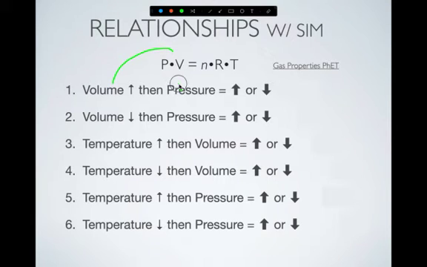And here's pressure. So those are the two that I'm talking about. The things that have to stay the same are these two. Moles, or number of particles, and temperature have to stay the same, because I only want to look at what's happening with pressure and volume. So in order for me to only look at those two, the moles and the temperature have to stay the same.